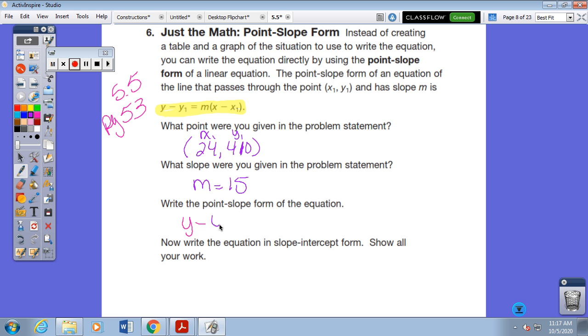And then it's minus 410 minus the y is equal to, m is our 15 times x minus x1, which is 24. So if you notice, I color coded that on purpose because the only three things that you're plugging in are the purple spots. So the pink never changes.